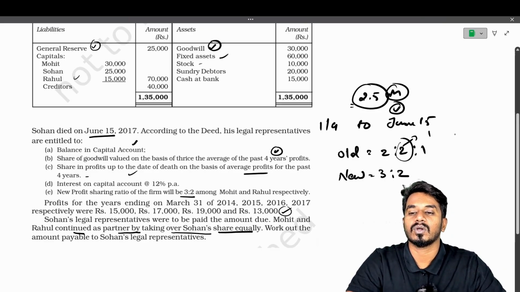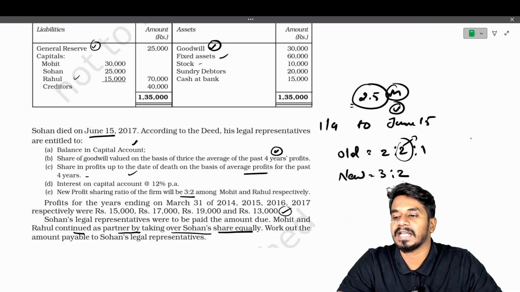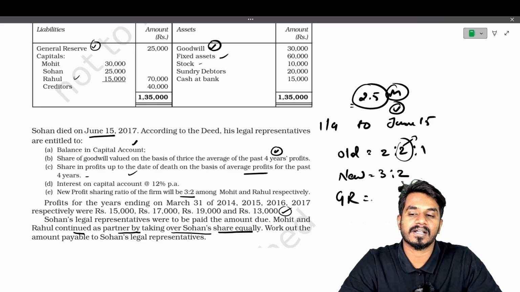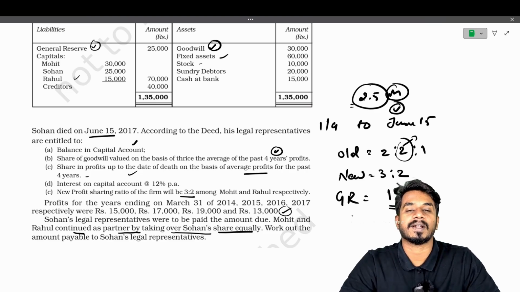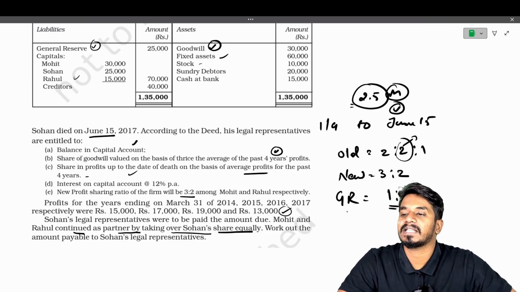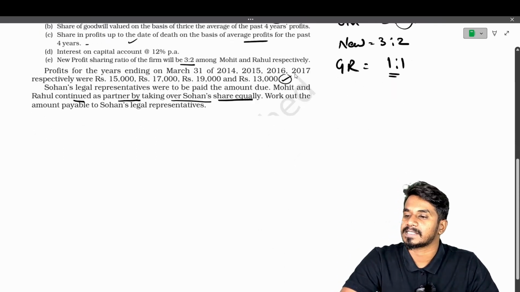They are dividing whatever Sohan's share is in an equal ratio, which means it is a gain ratio of 1 is to 1. That's it. So let us start preparing the partners' capital accounts one by one. We will solve and understand.